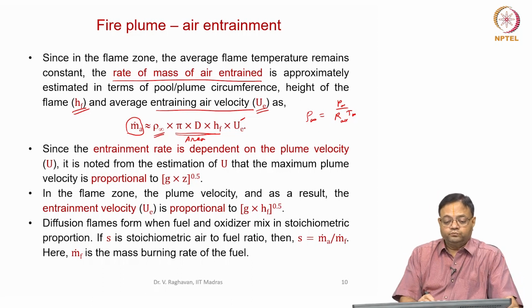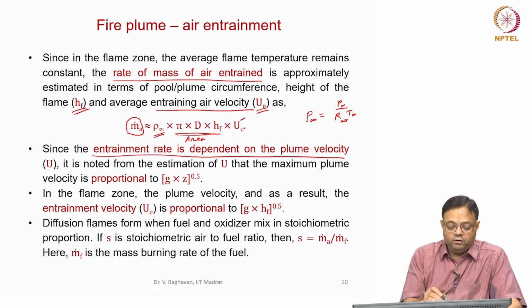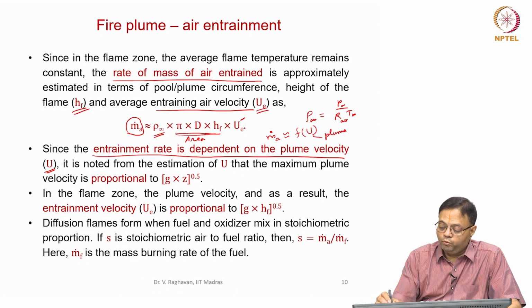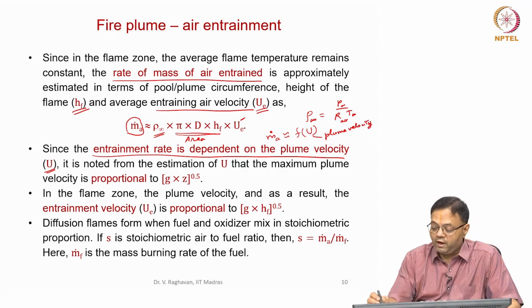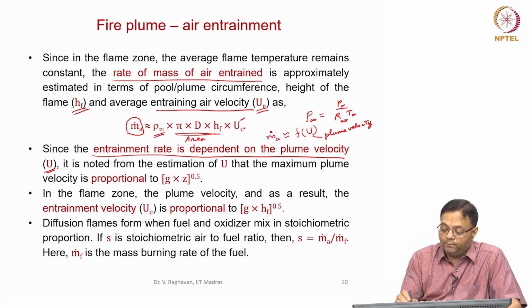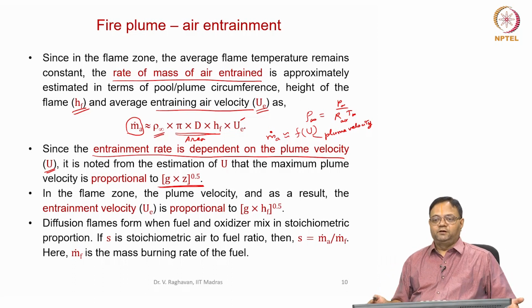Okay, since the entrainment rate is dependent on the plume velocity, m dot A itself is a function of U. U is the average plume velocity. That means m dot A also will be proportional to root of G into Z, and the constant of proportionality will be dependent on temperature.